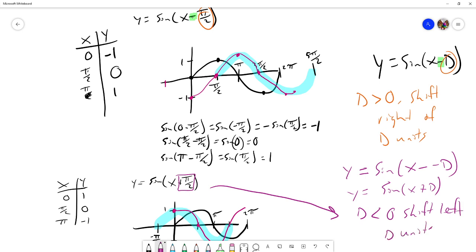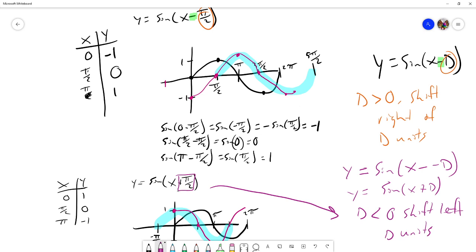So this is one of the most confusing things I think about these graph transformations, is the fact that when you see this negative sign, you automatically want to think, well, I have to move left. Whereas in reality, you need to think, no, d is actually positive, and so I shift right.